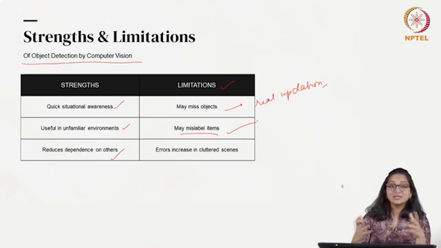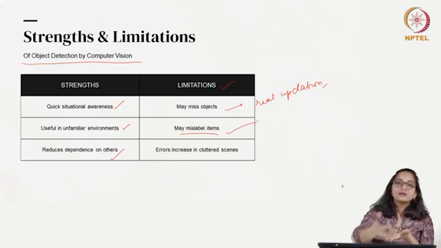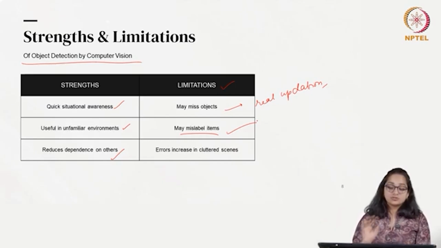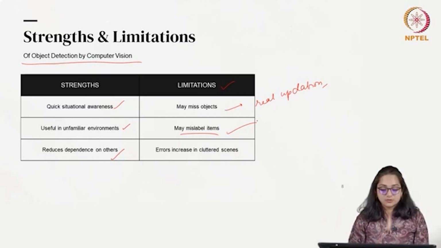So that can be a dangerous mislabeling, right? If it identifies a big truck as a wall or a building, a wall or a building is essentially a fixed asset. It cannot move, but a truck can move. So if you walk in very close to the truck and it starts moving, it can be dangerous. So this part is very important.